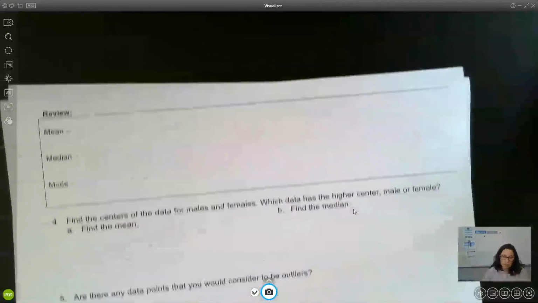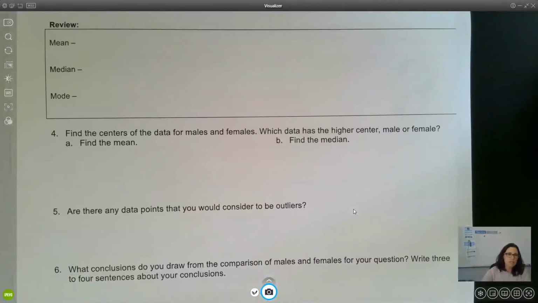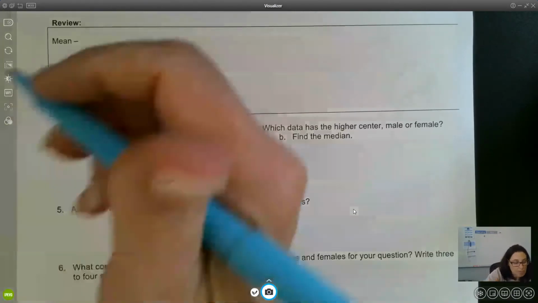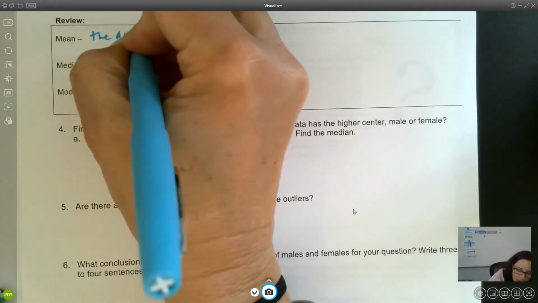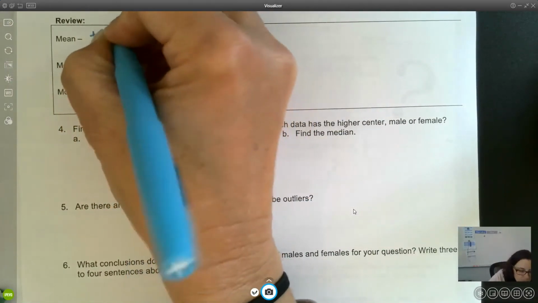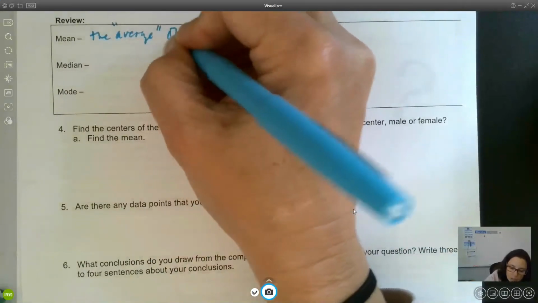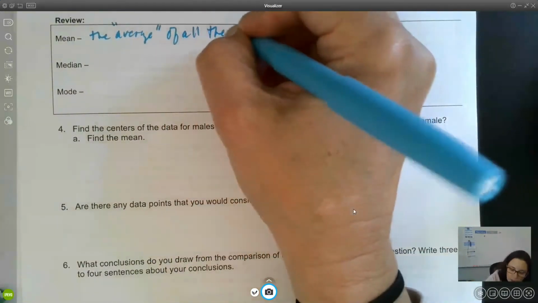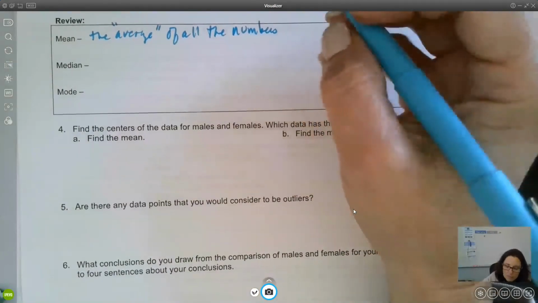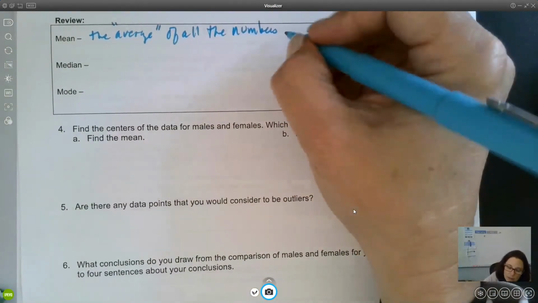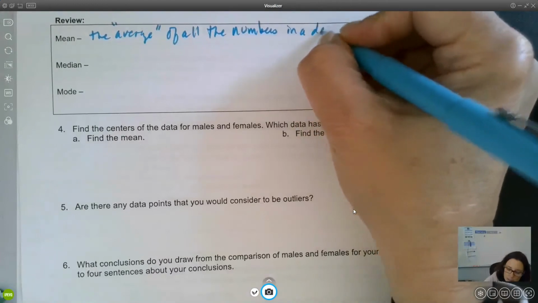Okay, next page, we've got a review of mean, median, and mode. I hope that you have this in your 5th or 6th grade class. Your mean is going to be the average of all the numbers in a data set.